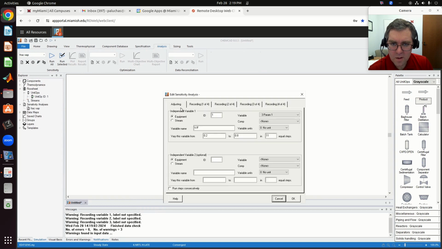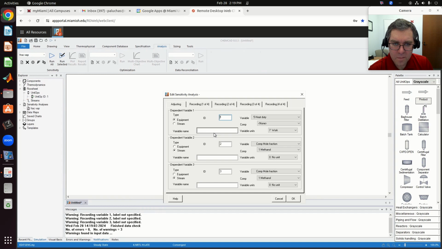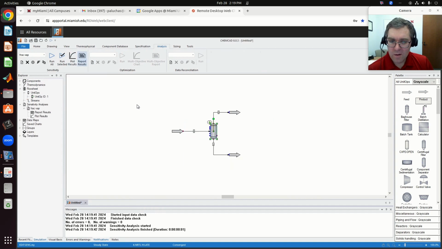I'm adjusting V over F, recording variable 1. Oh, it says I didn't give a name, so that's Q. I'm going to call this Y, and this was X. Alright, let's try now. I forgot to give the variables names. So if I click and run selected, okay, it runs, it's done.